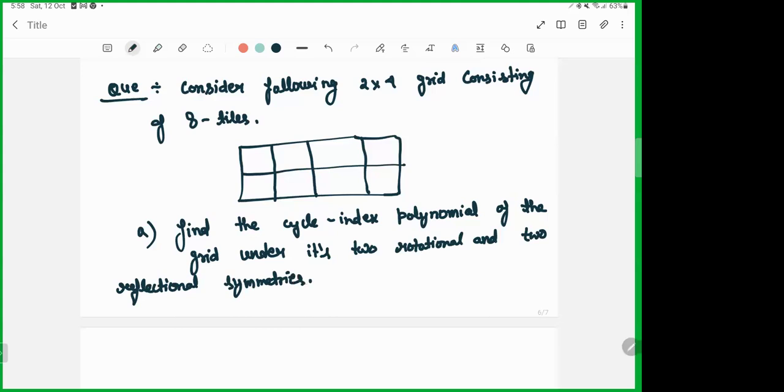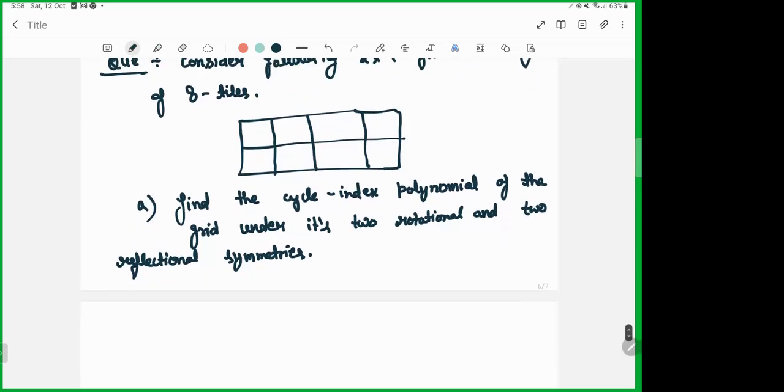So the problem is asking, consider the 2 cross 4 grid consisting of these 8 tiles. And the first part is saying to find the cycle index polynomial of the grid under its 2 rotational and 2 reflectional symmetries. So can you do this?